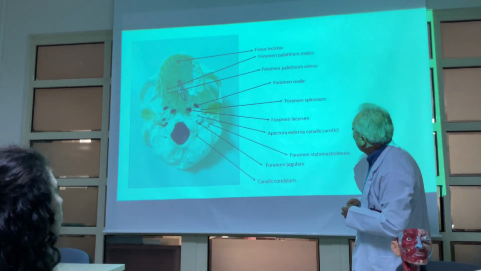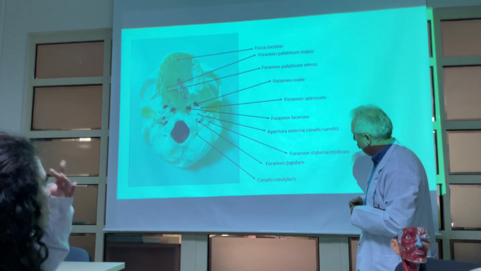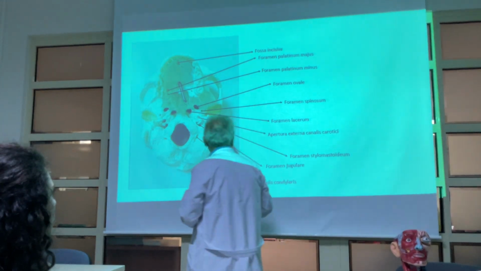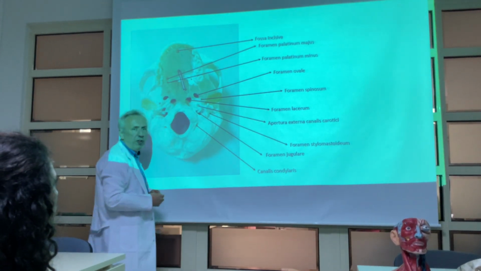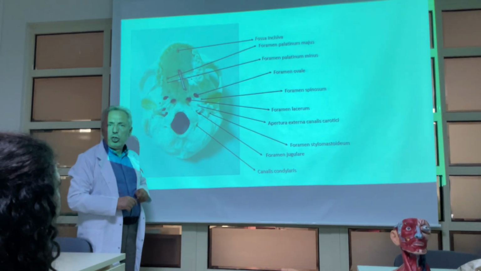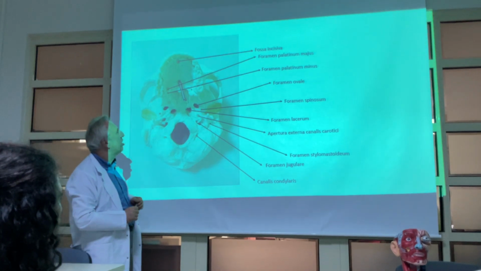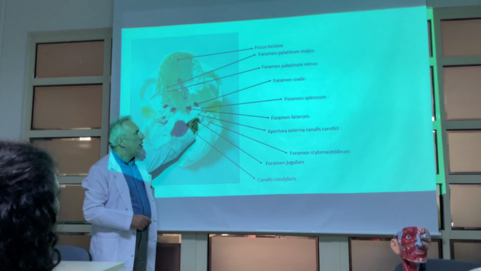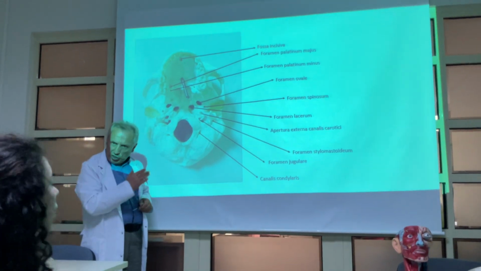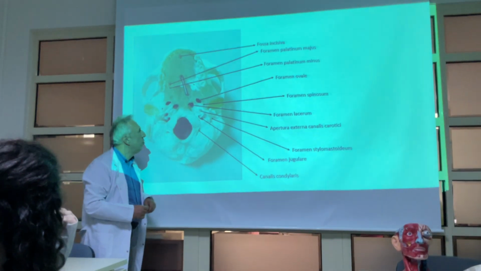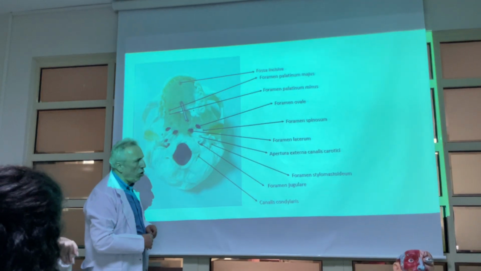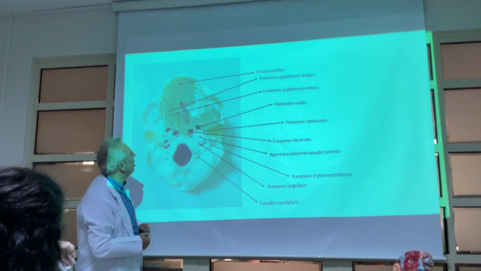From the inferior view of the skull, you see the stylomastoid foramen, through which the facial nerve exits the skull. Oval foramen, through which the mandibular nerve leaves the cranial cavity. Spinous foramen, where the middle meningeal artery enters the cranial cavity, very good. Foramen lacerum means foramen of lacerations; no major structure passes through it.